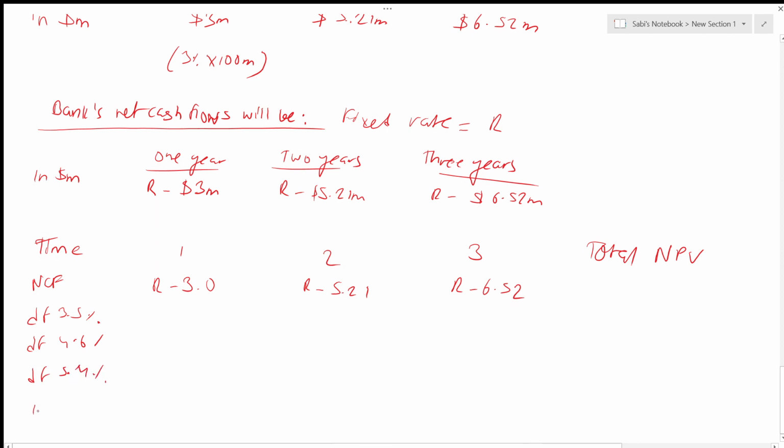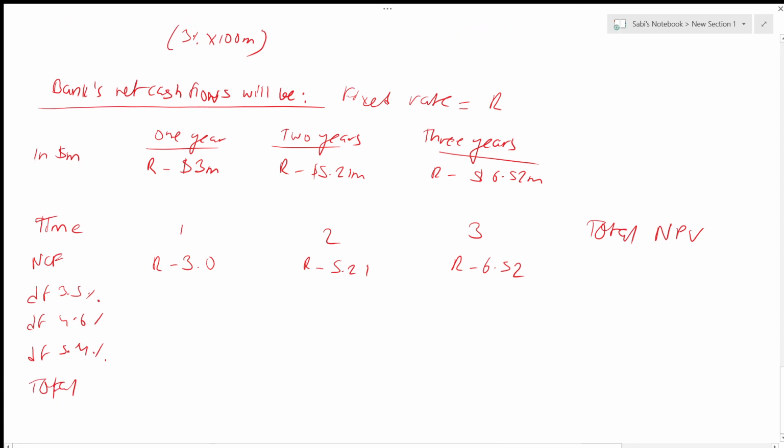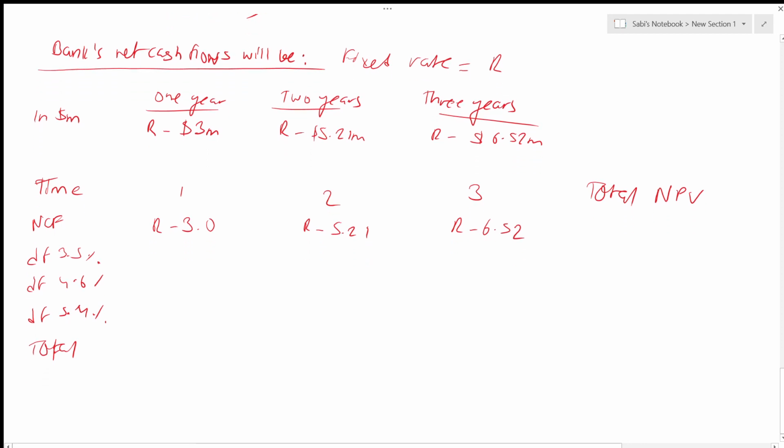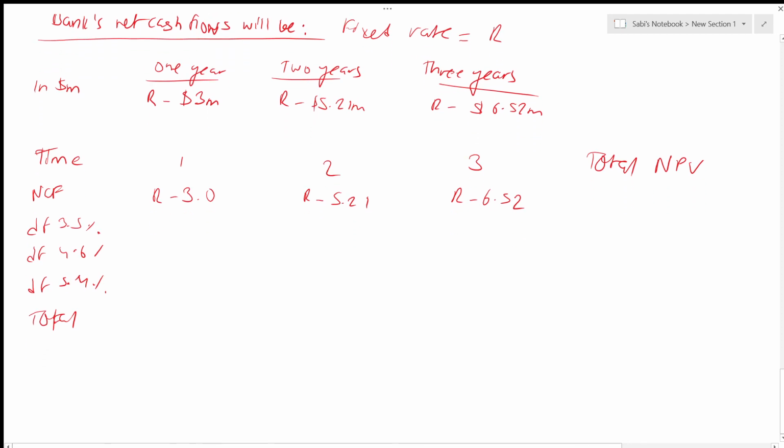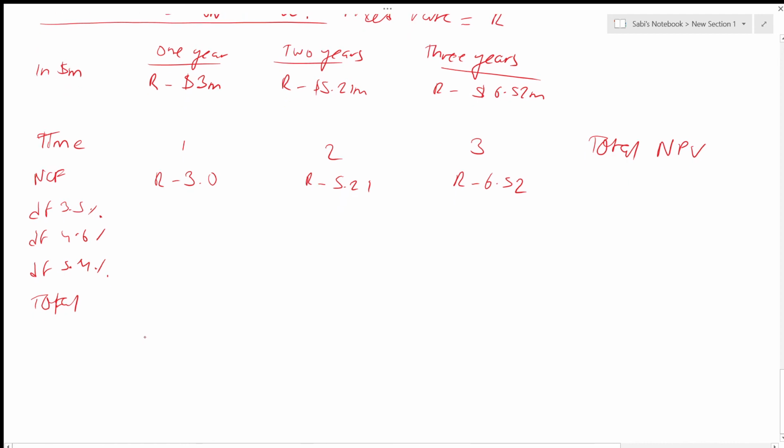So when I discount, how will I discount? I'm just showing you the first year. The other years you can do the same: 1 over 1.035 to the power 1, right?